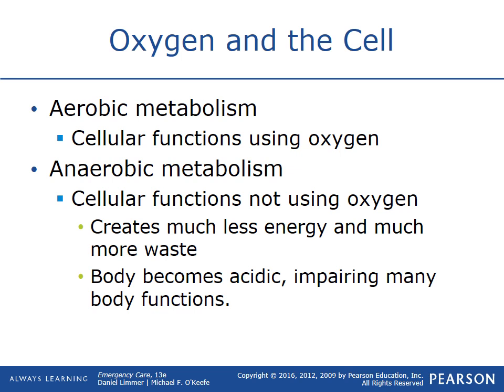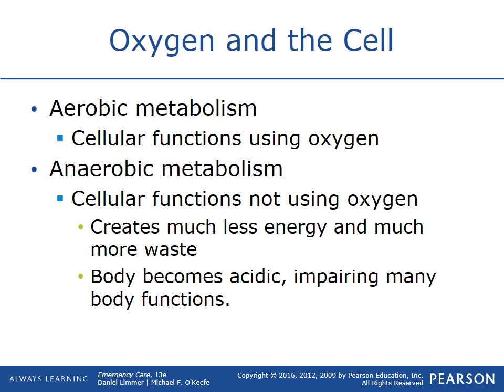So oxygen is the third thing that the cell needs. If the cell is functioning and using oxygen to convert the glucose into energy, we call that aerobic metabolism. The cell can convert the glucose into a little bit of energy without oxygen. What it does is it takes a little bit of fat and tries to convert it into energy.